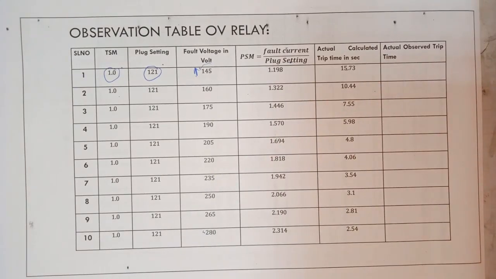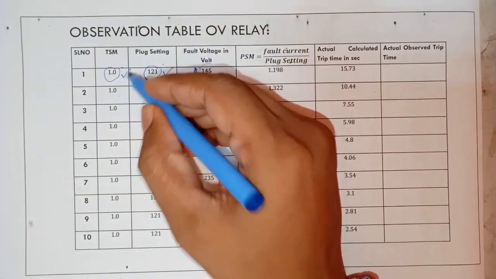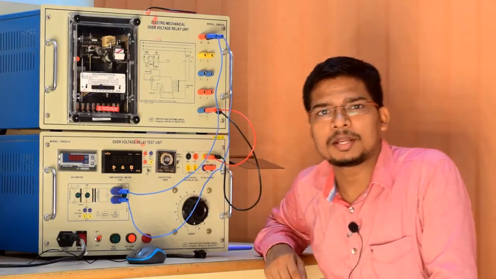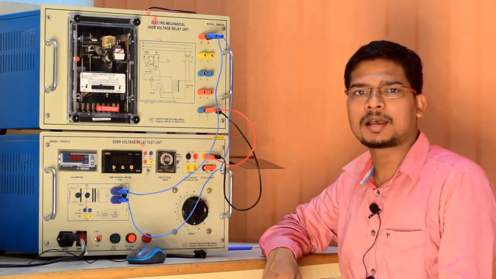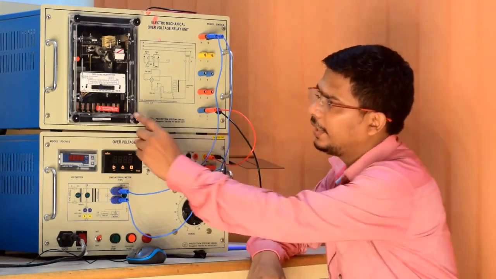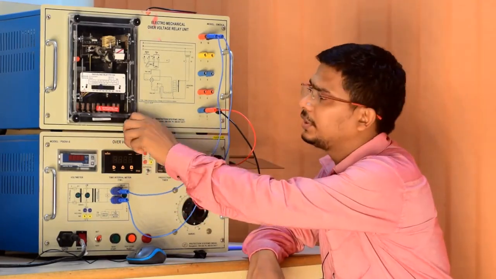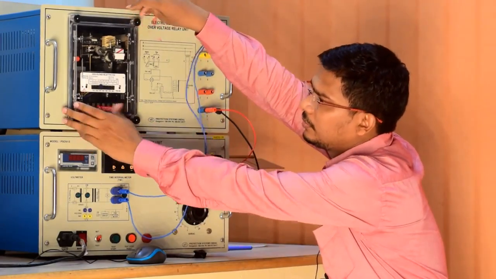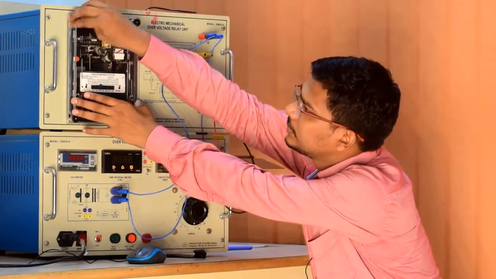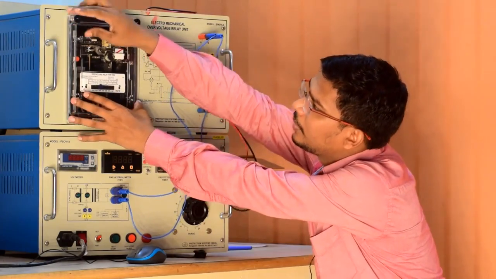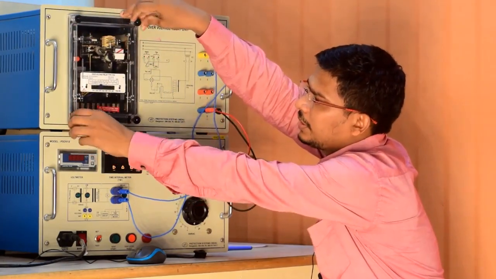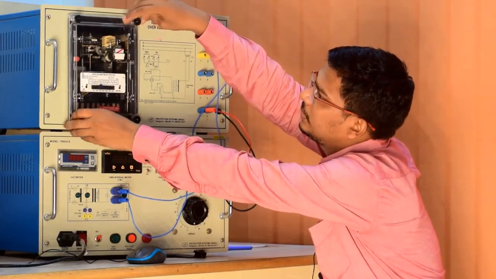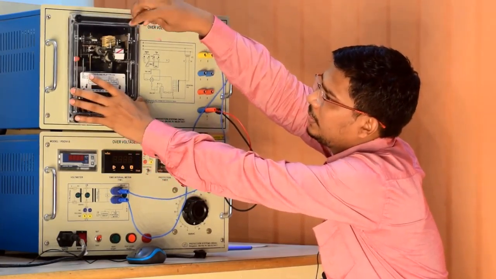So that means here we have to apply 121 and 1.0 PS and TSM. So we have to set 121 and 1.0 as PS and TSM. So right now here it is 143 is selected as a PS. So you have to change that to 121. I am always telling you that this clock setting change, time setting change, I already explained in the overcurrent relay experiment.